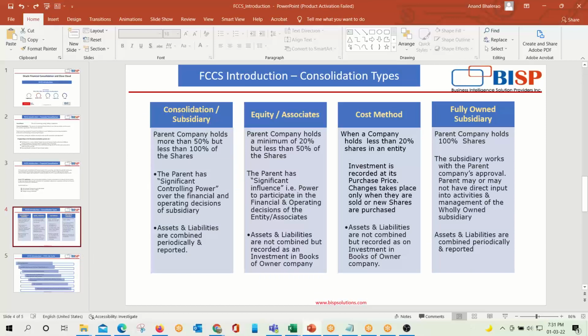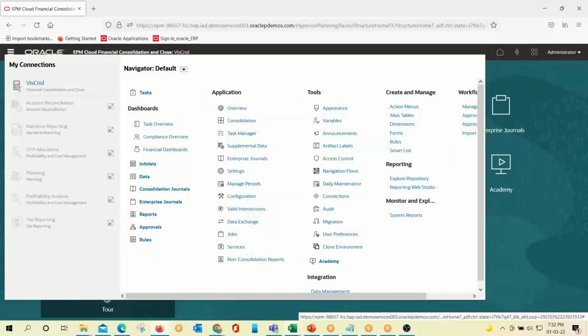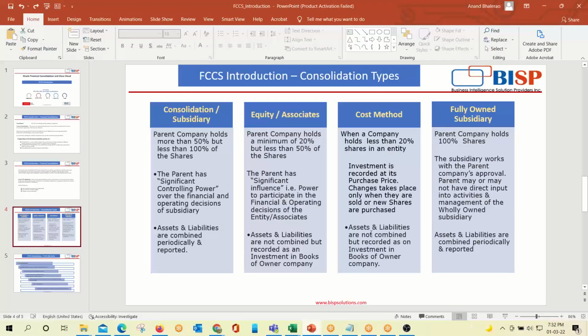We define these entities as parent companies, subsidiary companies, equity companies, and cost method, where we are holding less than 20% shares. So we define all these activities in this application.